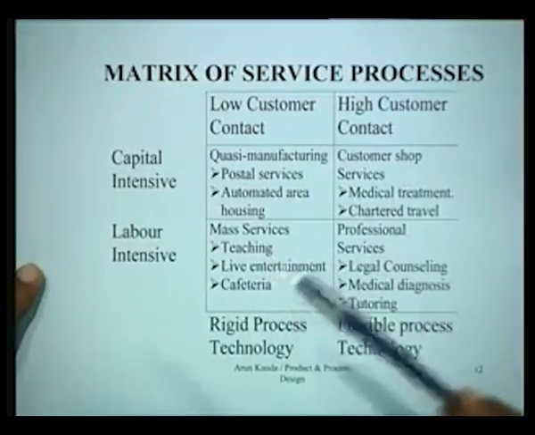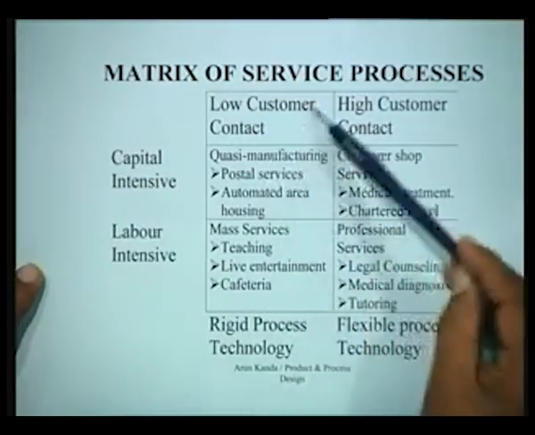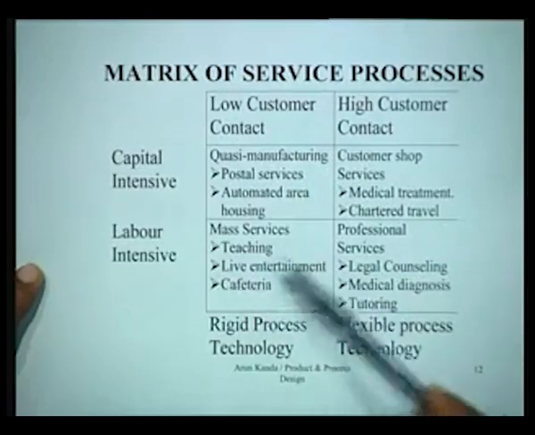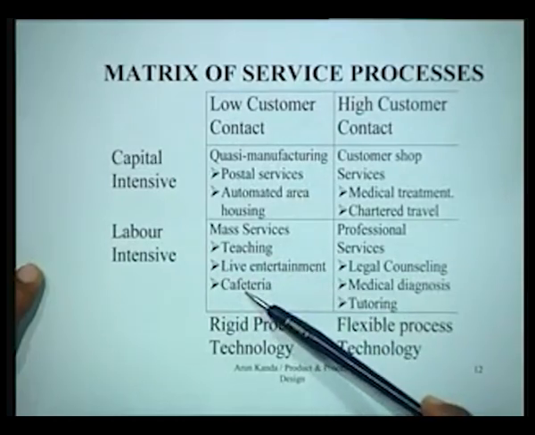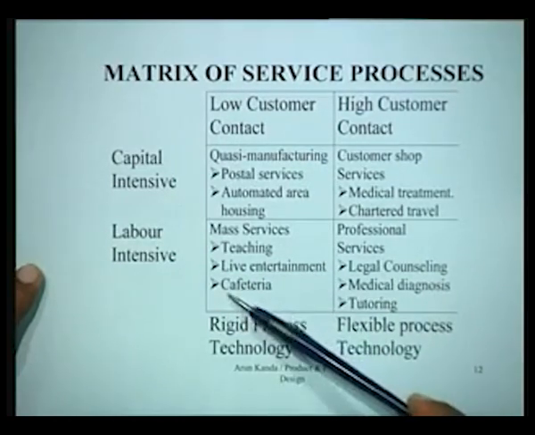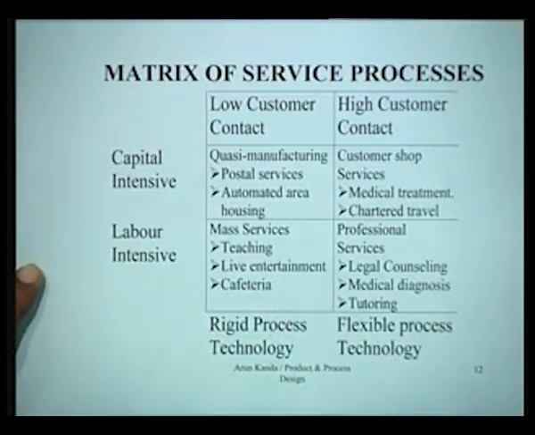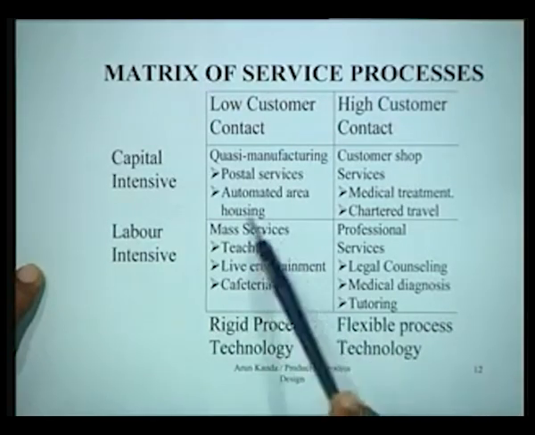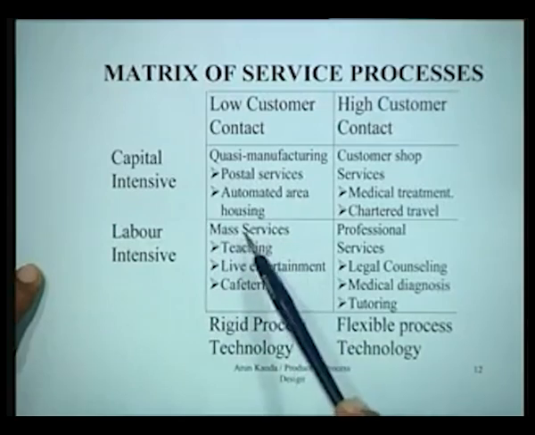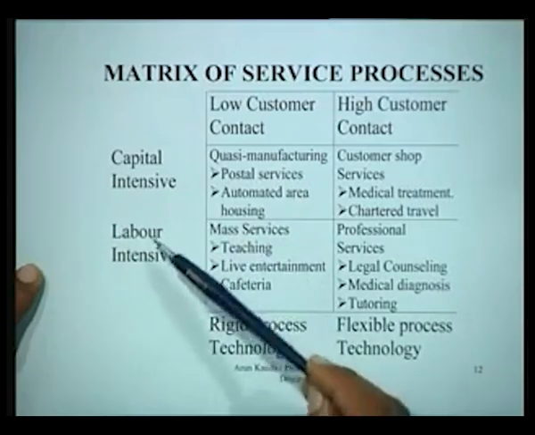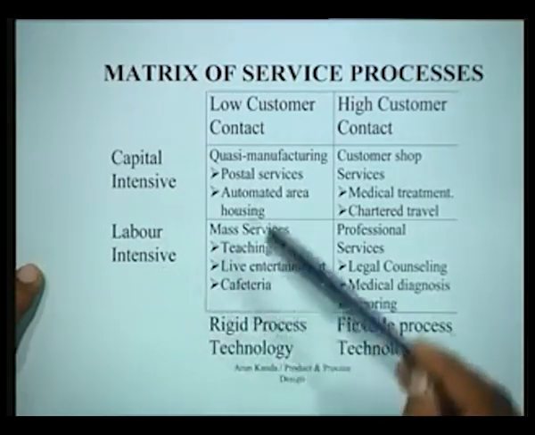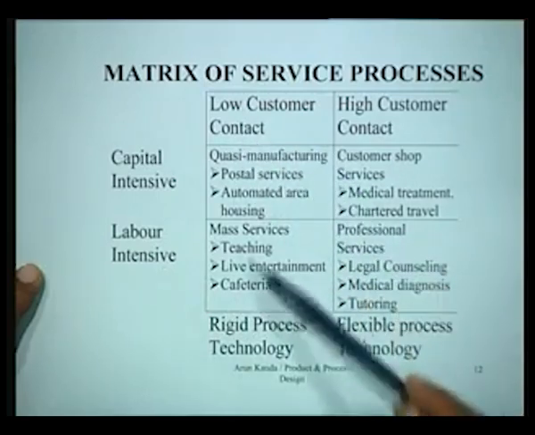She just gives the performance. There is very little customer contact, so it falls in this category. Similarly, a cafeteria, for instance, has low customer contact. These are called mass services. Mass services are those which are essentially labor intensive, but with low customer contact.